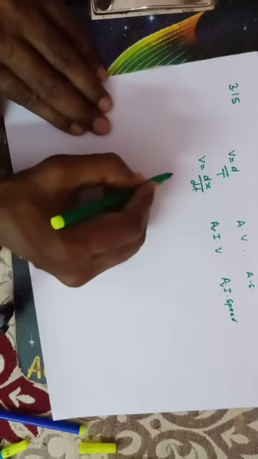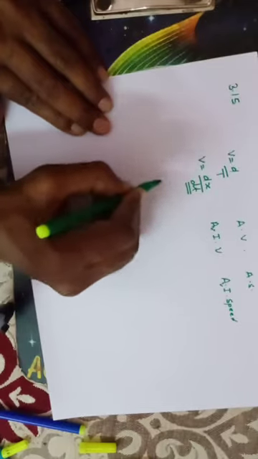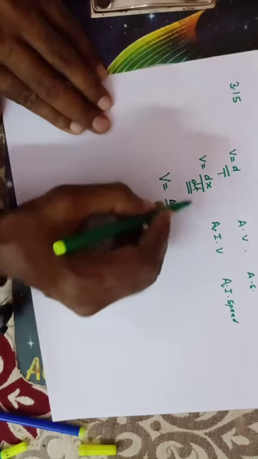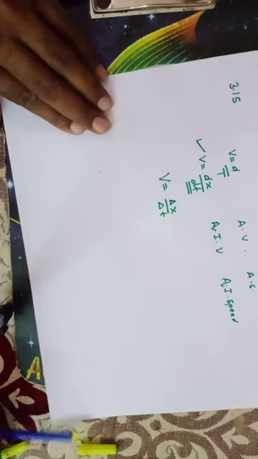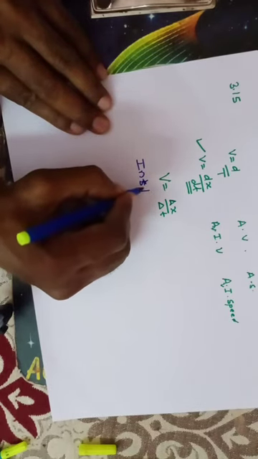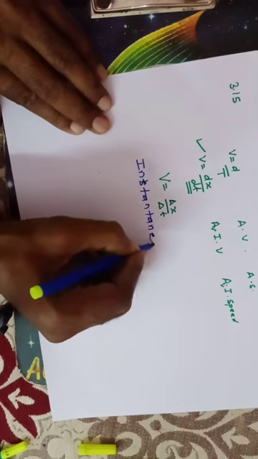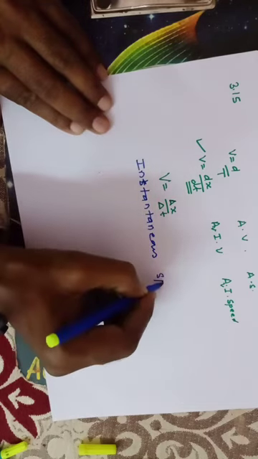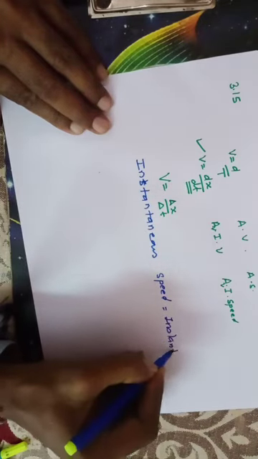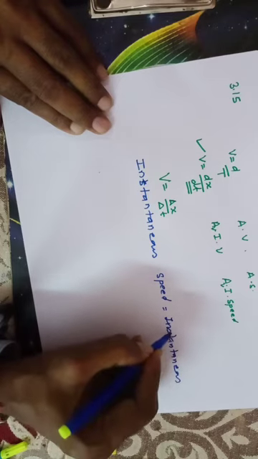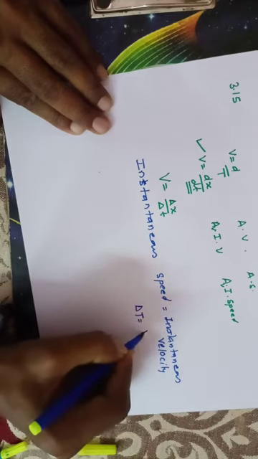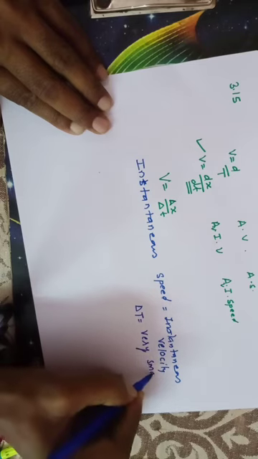No distinction. Why? Because this is dx by dt, where dt is the time interval. Either you say instantaneous velocity or instantaneous speed, it is same, since delta t is very, very small.